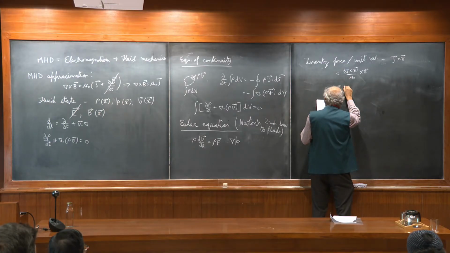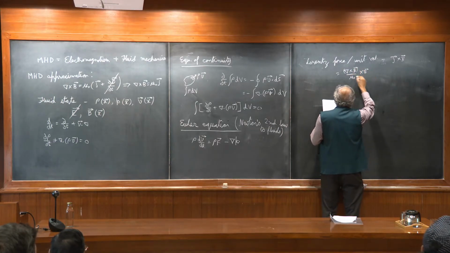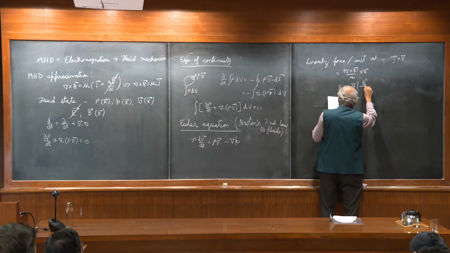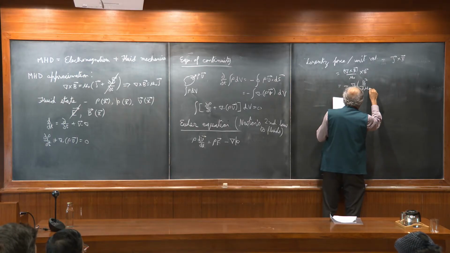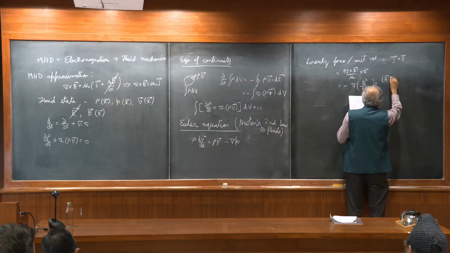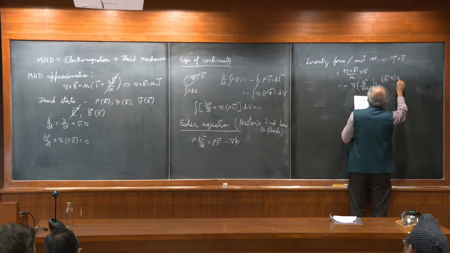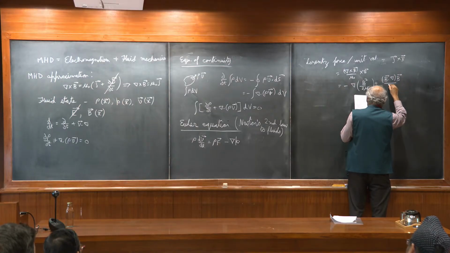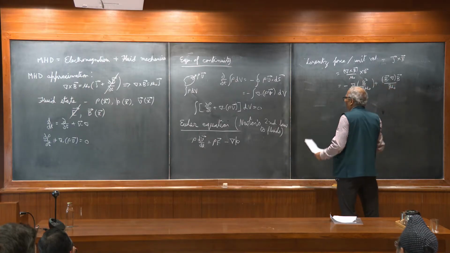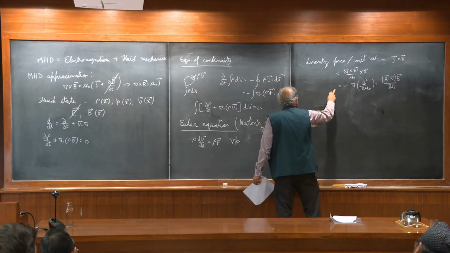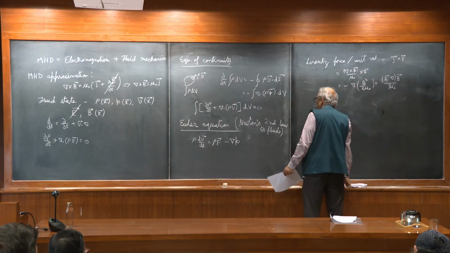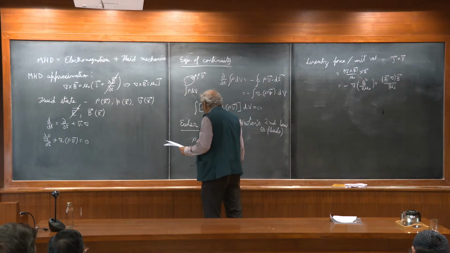If you use this vector identity, then you will find that this is going to be equal to this, B squared. By looking at your vector analysis books, you can very easily show that this should be equal to this. So I'm leaving it for you to figure out.